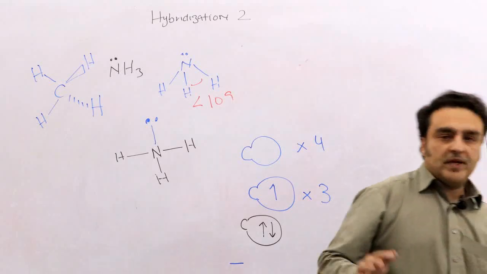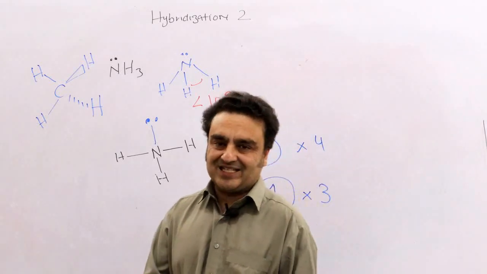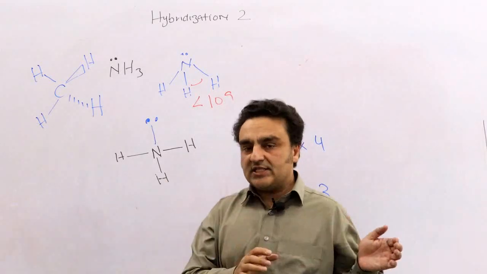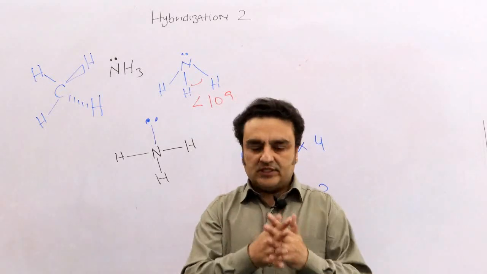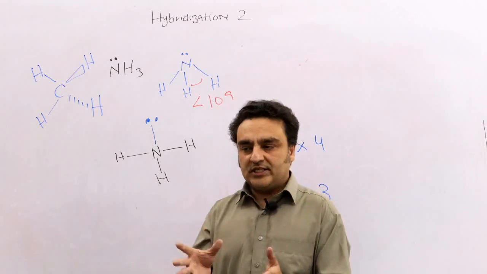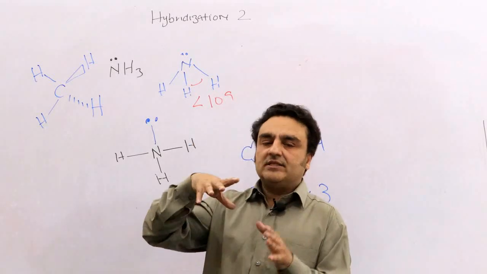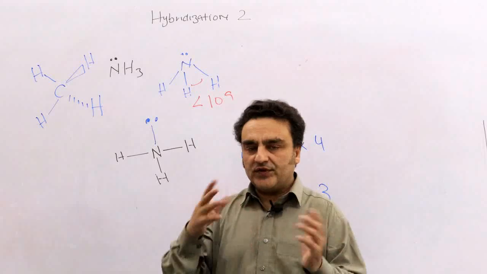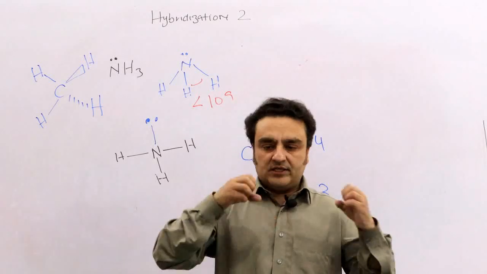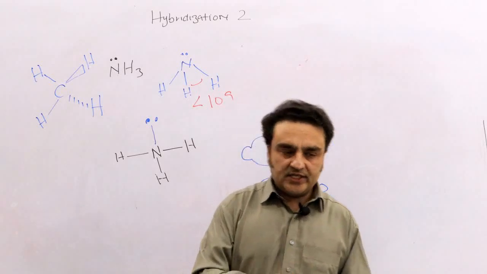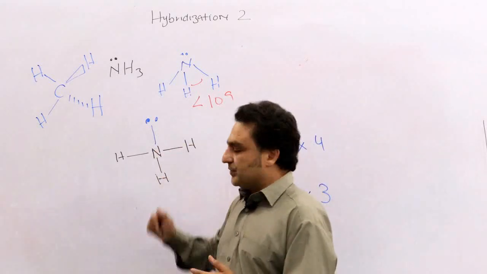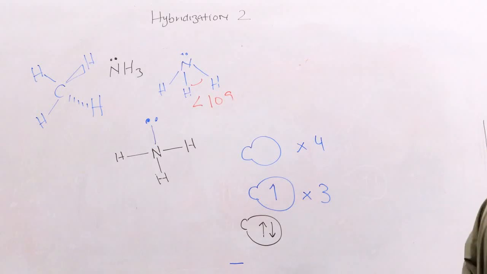That's what the basics of hybridization say, but in reality something else is happening, and we'll discuss in the advanced section how the increasing or decreasing of s character increases or decreases the bond angles. We are not discussing it right here. It's simple. So this is the molecule of nitrogen, ammonia.